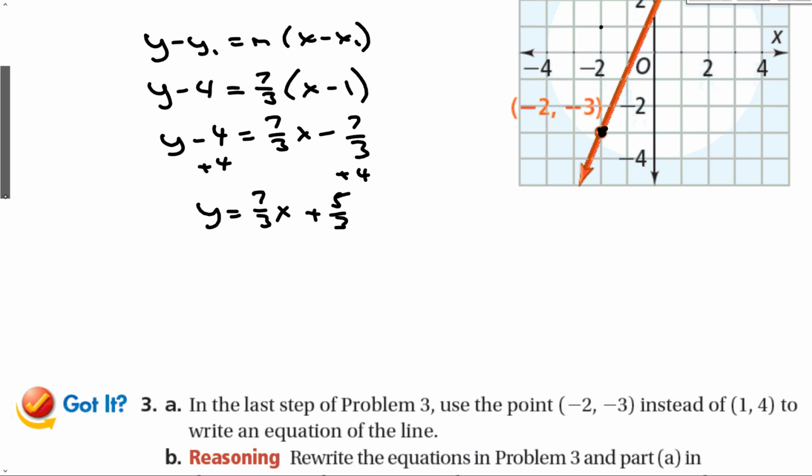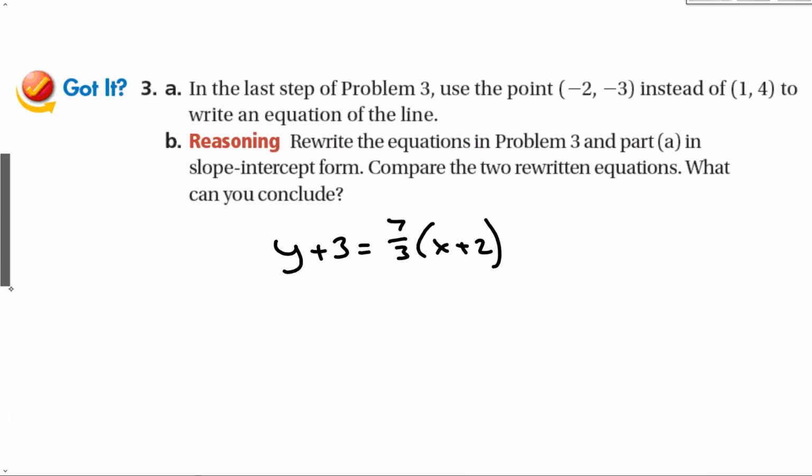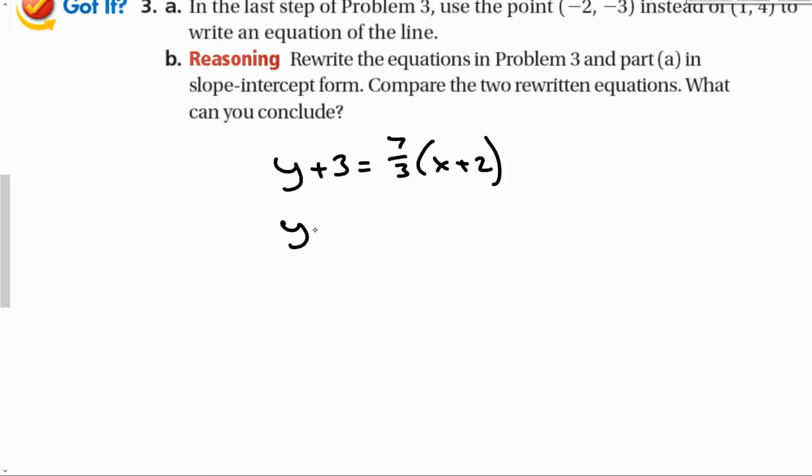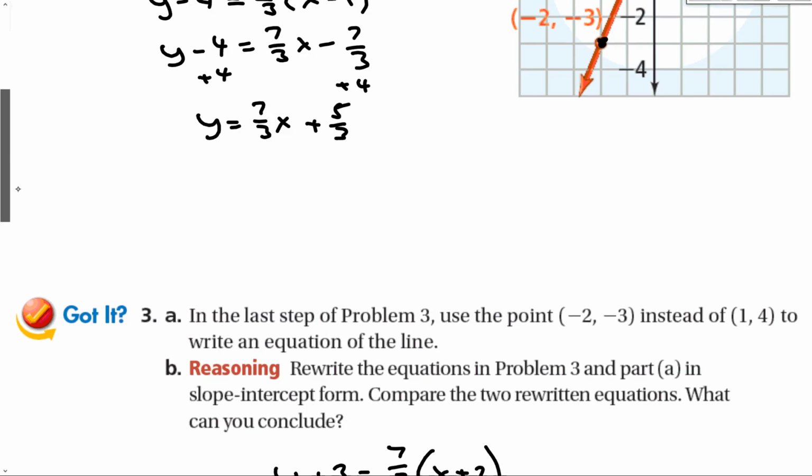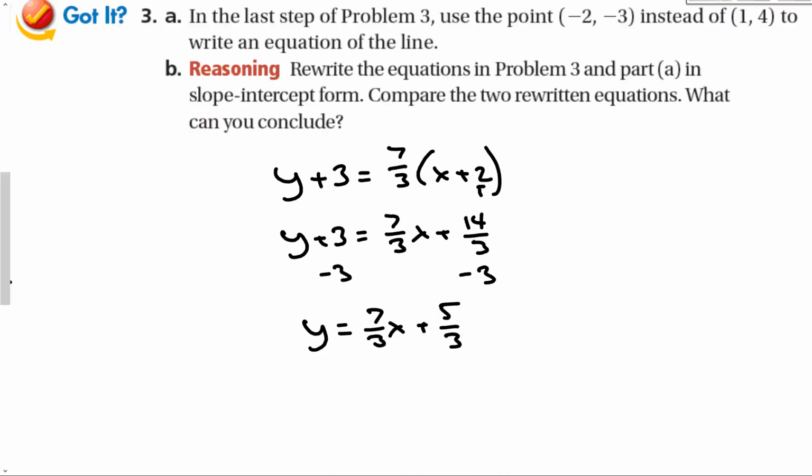Okay, let's go down here. And the same thing, y plus 3 is equal to 7 over 3x plus, and this is 2 over 1, so that becomes 14 over 3. Subtract 3 from both sides, and we get y is equal to 7 over 3x plus 5 over 3, which is the same.